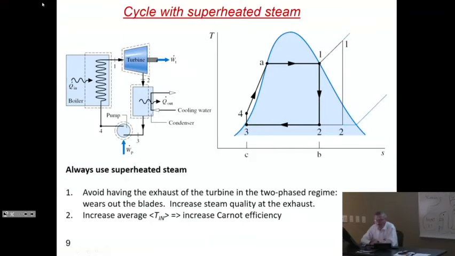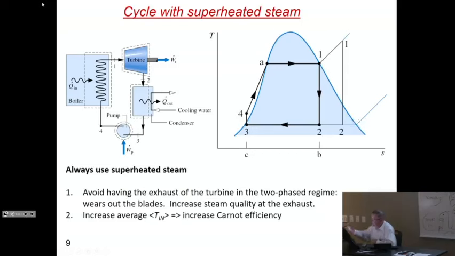And now finally, every practical cycle works with superheated steam. We don't work from 1 to 2 with saturated vapor here. We go into the superheated steam, and we're going to even push the superheated steam as high as we can so that this point 2 comes as close as possible to, or even beyond, the saturated vapor curve on the cold side.